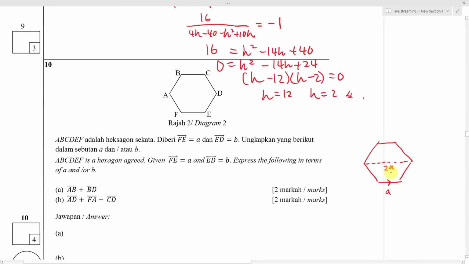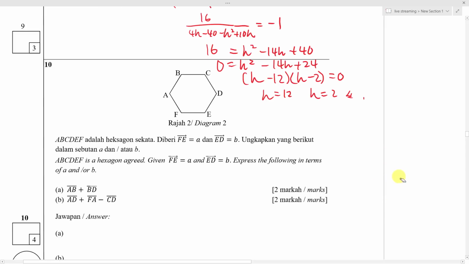If you want to ask me why it is 2A, you can check out my hexagon video about vector, where I explain how to get the 2A. But over here, I just tell you, the middle diagonal is basically double of one of your side vectors. So if I say this vector is B here, then this middle line will automatically be 2B. It's always double of it. This is a very important property for a regular hexagon.